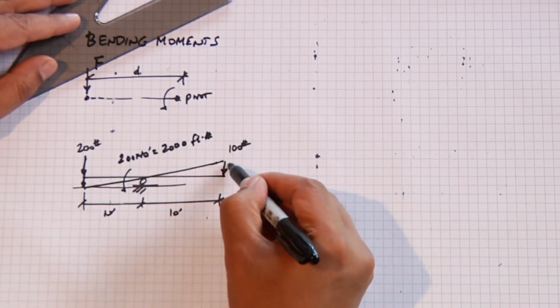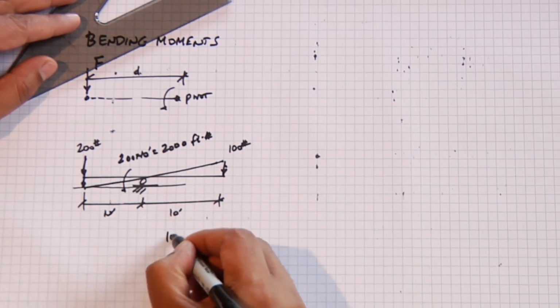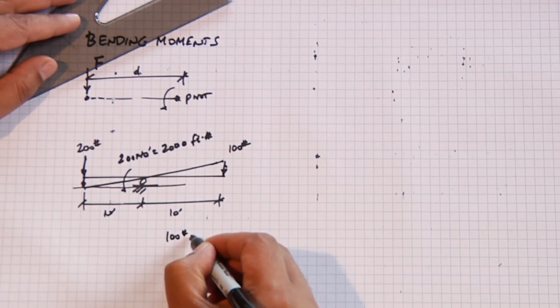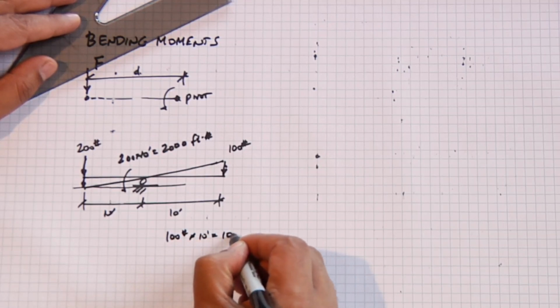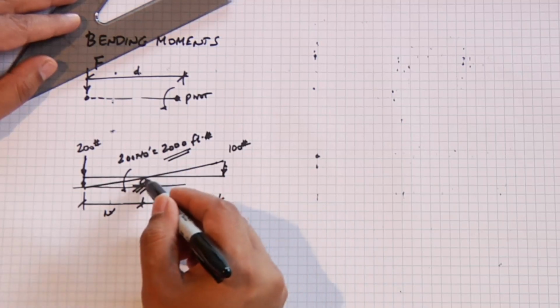The person on the right-hand side produces 100 pounds times 10 feet, or 1,000 foot-pounds. So the 2,000 supersedes the 1,000, and the seesaw tilts, in this case to the left.